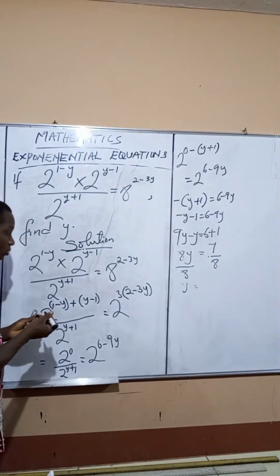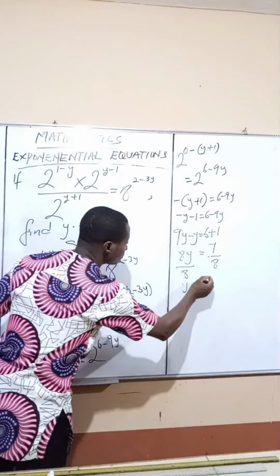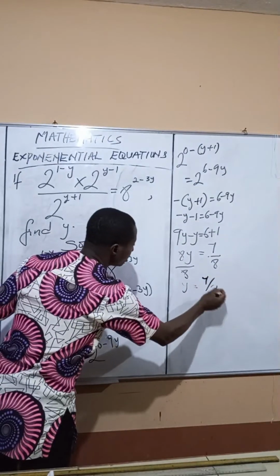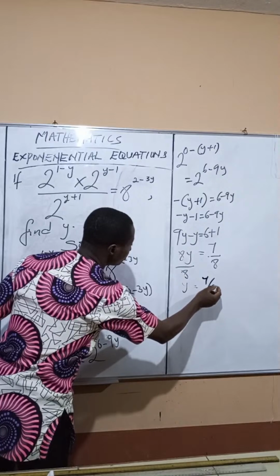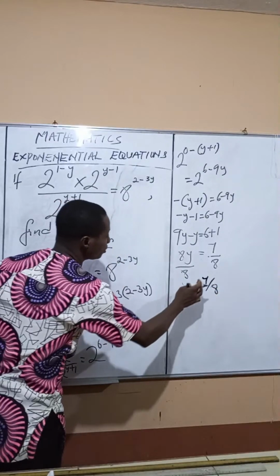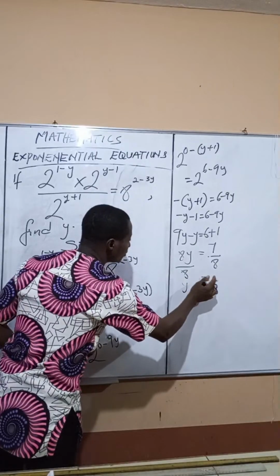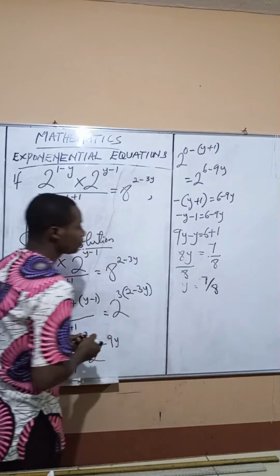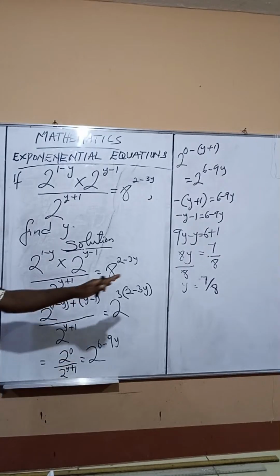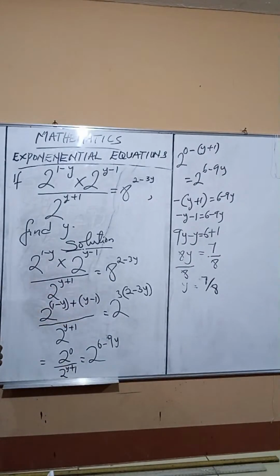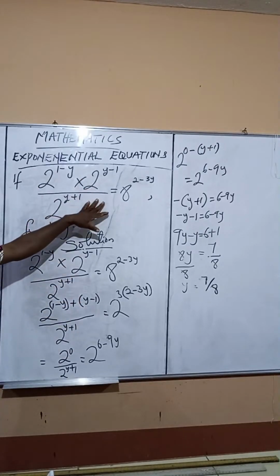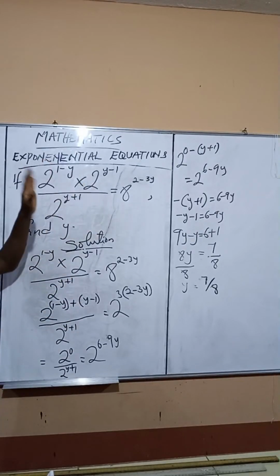That gives y to be equals 7 divided by 8, that is 7 over 8. I hope it is clear. So this is the solution to this particular question. If you want to test it, you can come here and test it. It will be correct.